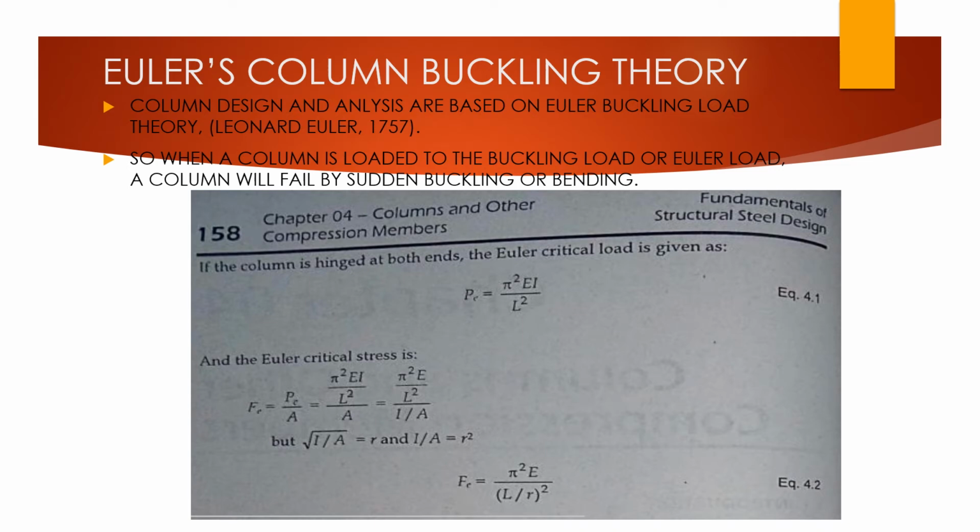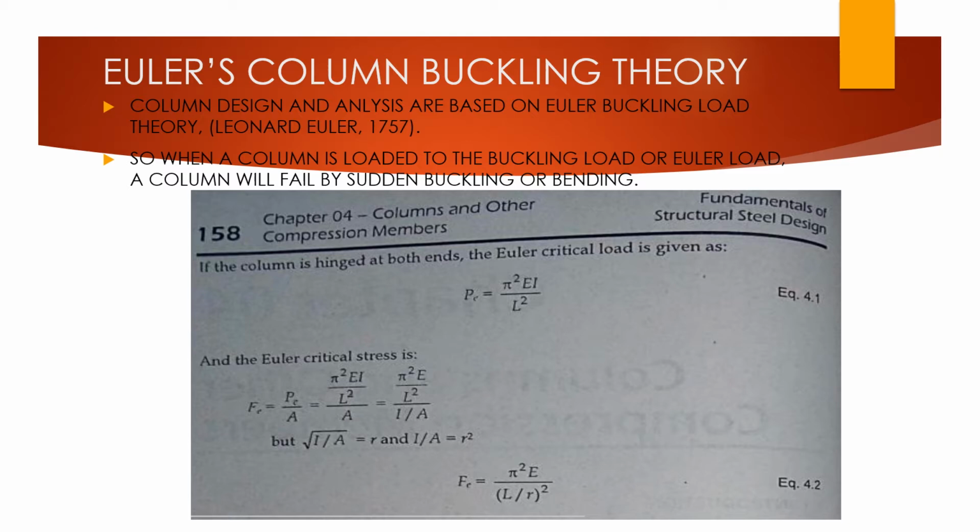Column design and analysis are based on Euler buckling load theory, created by Leonhard Euler in 1757. So when a column is loaded to the buckling load or Euler load, the column will fail by sudden buckling or bending.